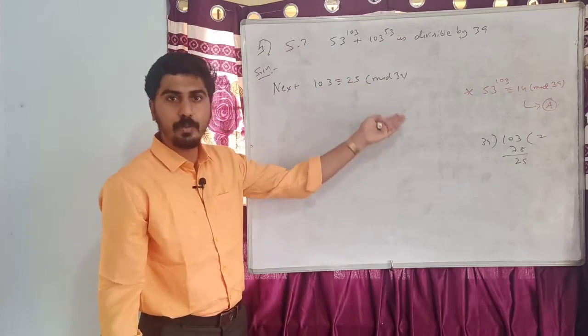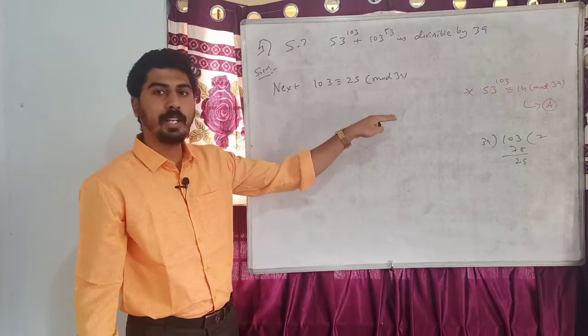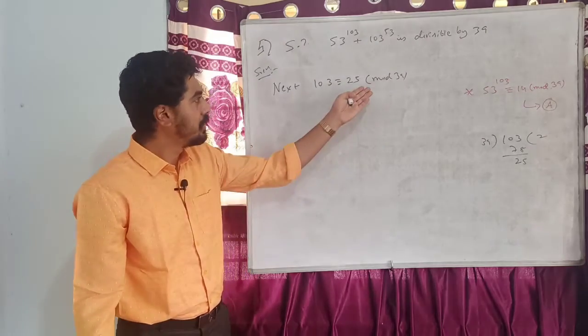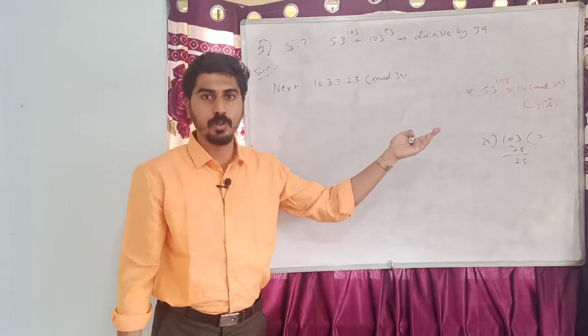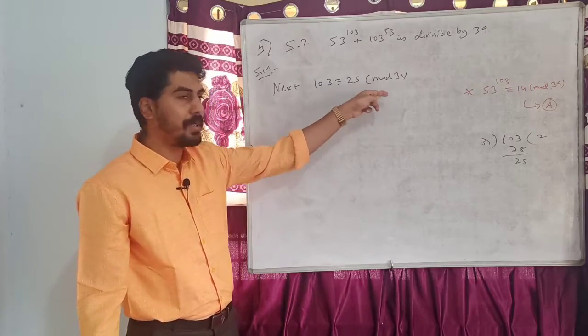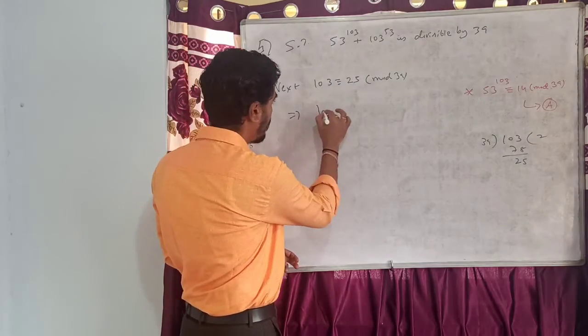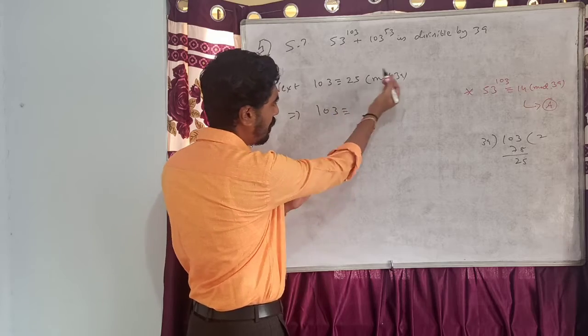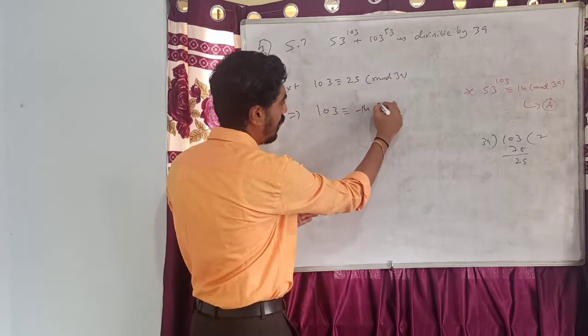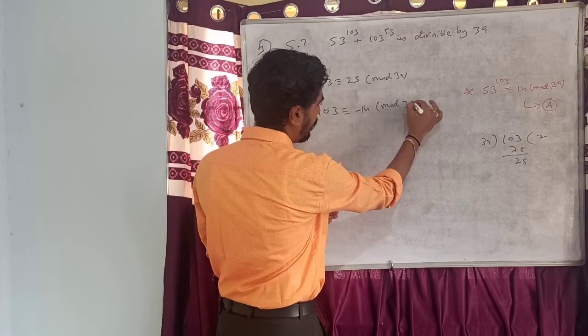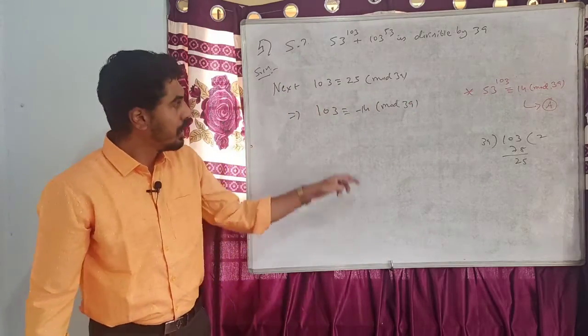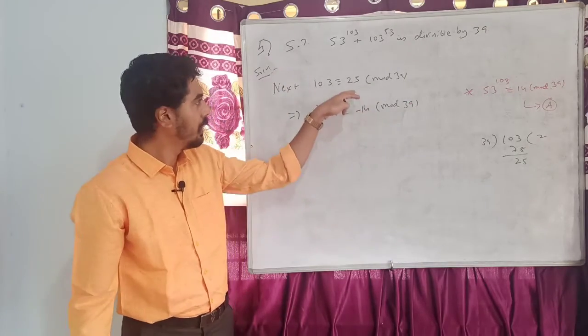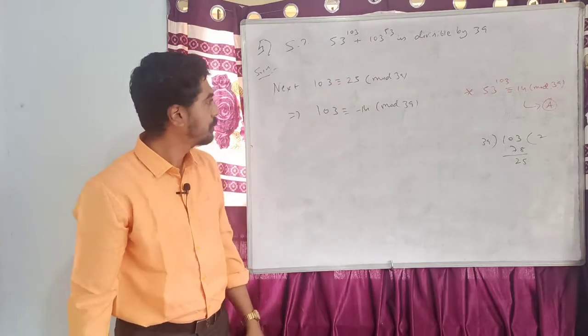If you are considering mod 39, we can add 39 or subtract 39, since 39 is 0 modulo 39. If I subtract 39, I get 103 is congruent to 25 minus 39, which is minus 14 mod 39. Okay. This is much simpler to handle rather than 25.